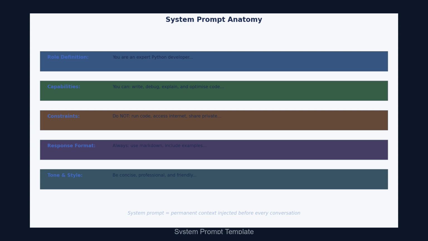No running code, no internet access, no sharing private information, which are just as important as the capabilities because they define the model's boundaries. Response format specifies Markdown, which shapes the structure of every output. Tone and style rounds it out. Concise, professional, friendly. A system prompt with all 5 of these components gives the model a complete behavioral specification, not just a vague role label.